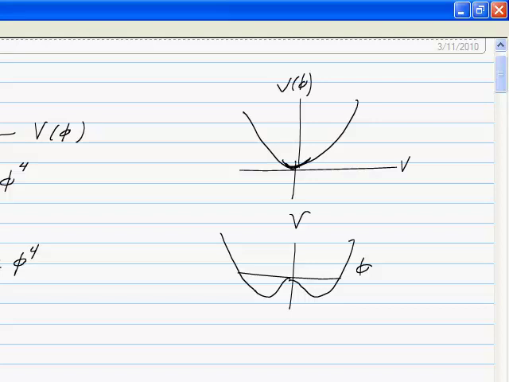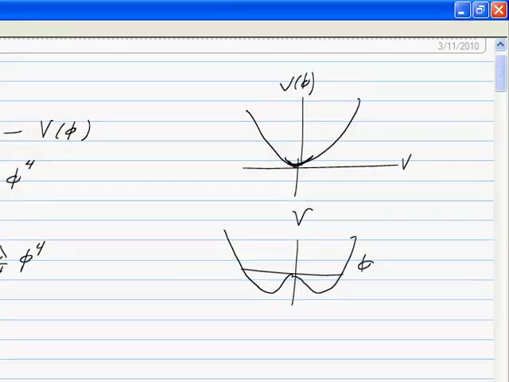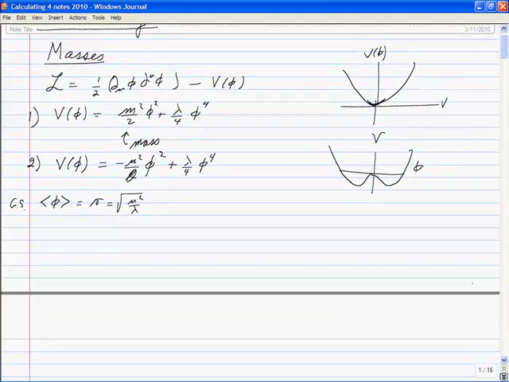Now the next question is, what's the mass of a particle in this case? Well, if you're thinking of a particle as an excitation from the lowest energy state, you actually don't expand around phi equal to 0, but around phi equal to v, because any excitation of phi around the lowest energy state is going to be out here, and it's the curvature right there that plays the role.